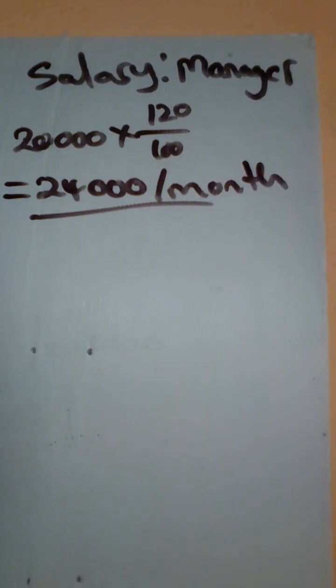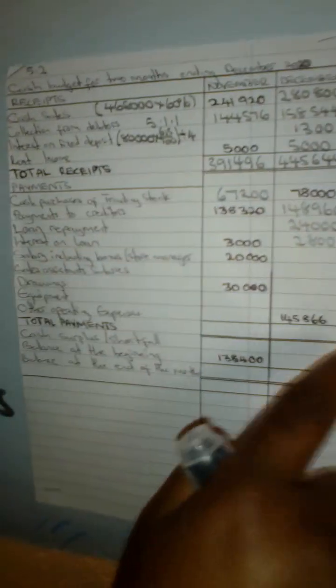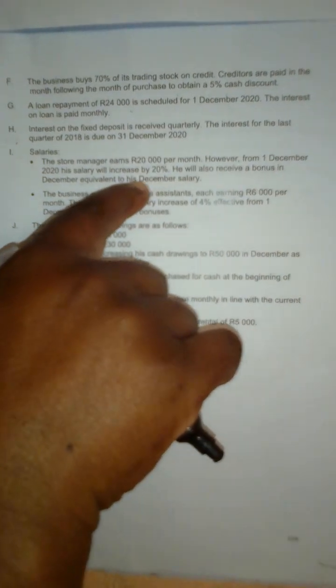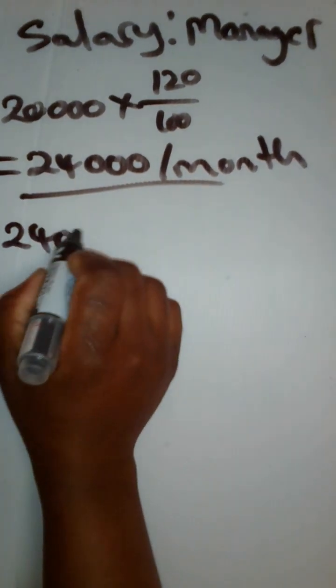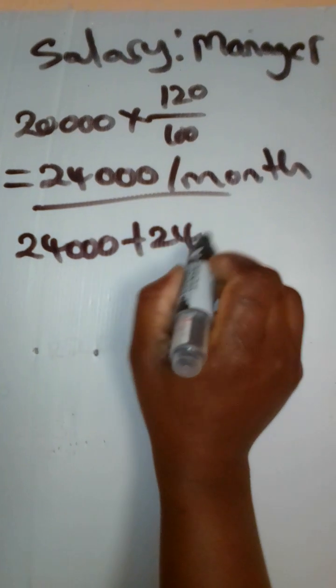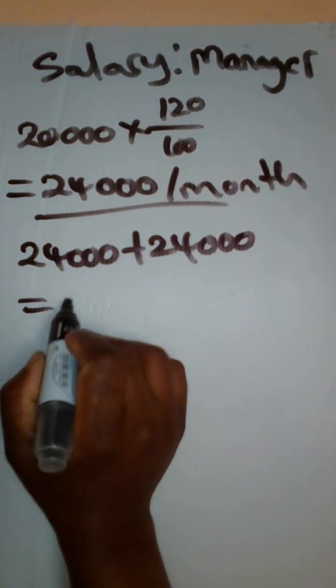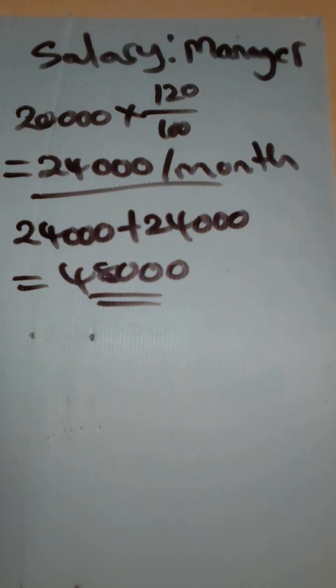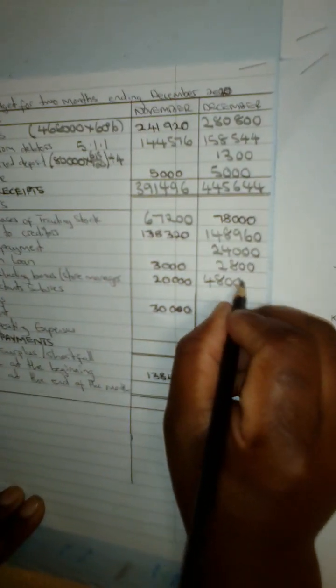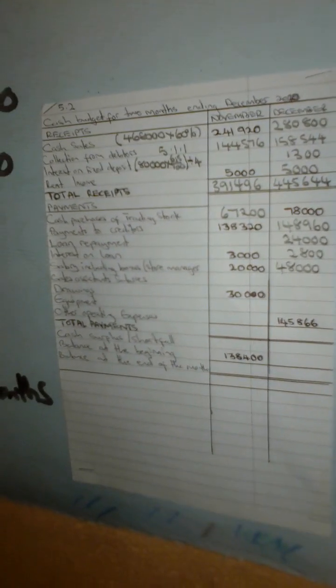His bonus is equivalent to his December salary, which is now 24,000. So we say 24,000 plus 24,000, the bonus, which means he's going to receive 48,000 in the month of December. So in December we are supposed to record 48,000.